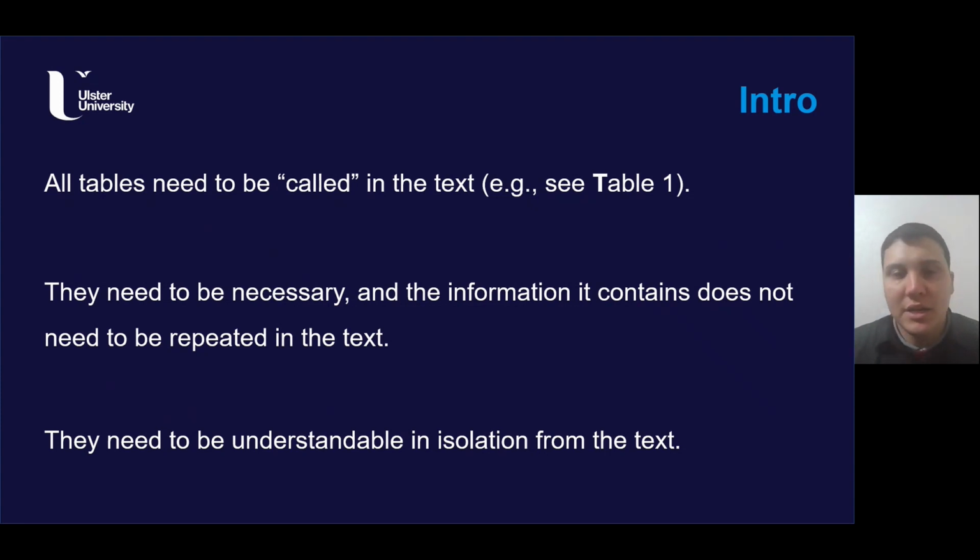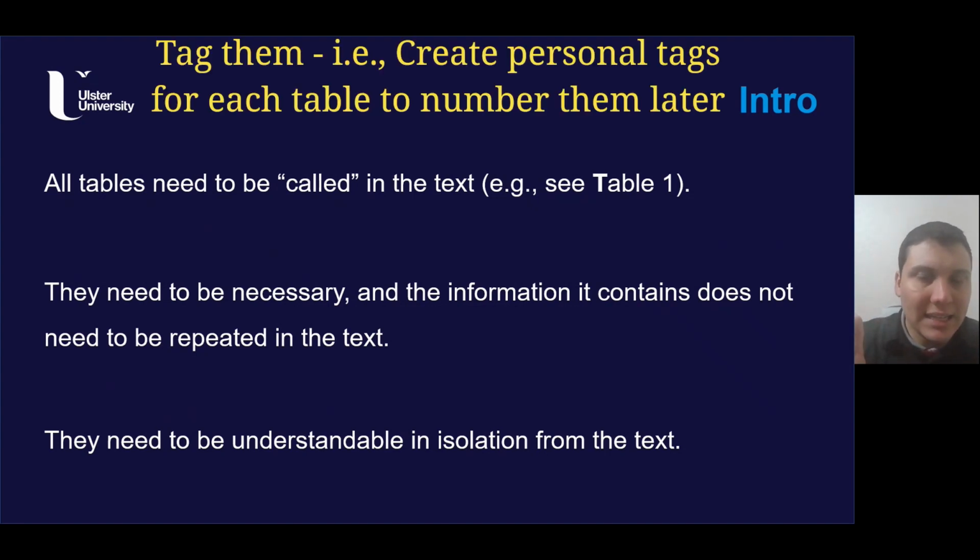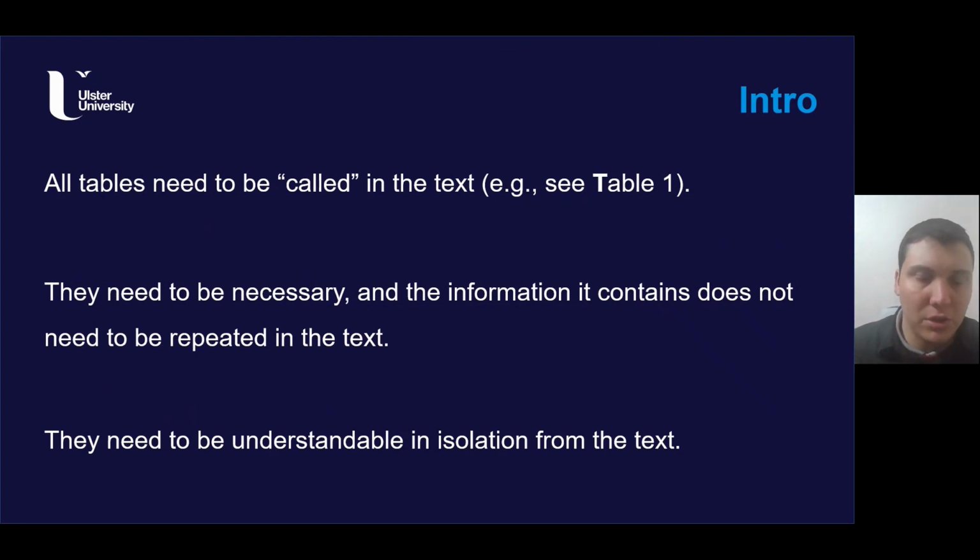You might remember that you had to put a table before one that you already had there. So in order not to have any confusion regarding order of callout and table numbering, I would personally prefer to leave numbering to the end. So you can use a personal tag and just after you've finished writing everything, you change your tag to the numbers according to callout number.